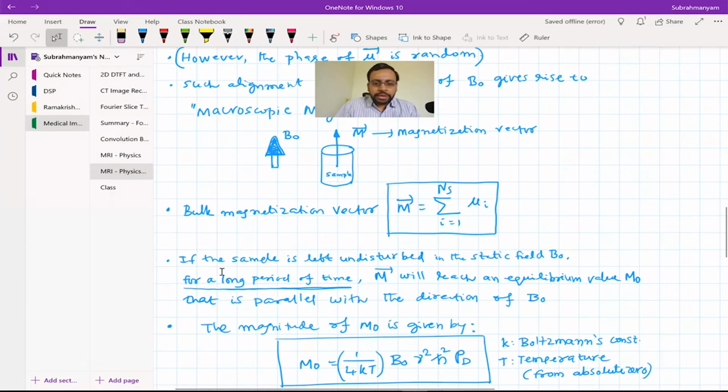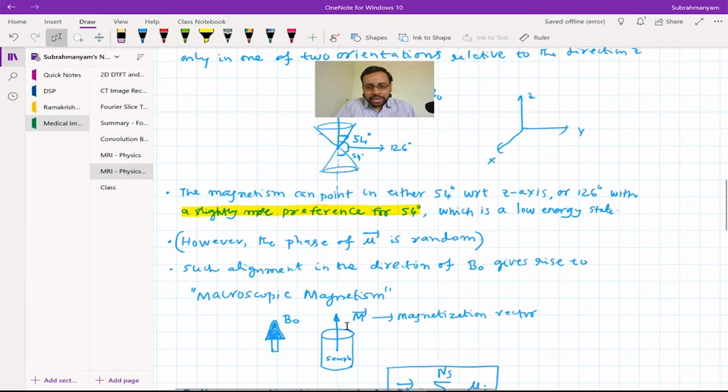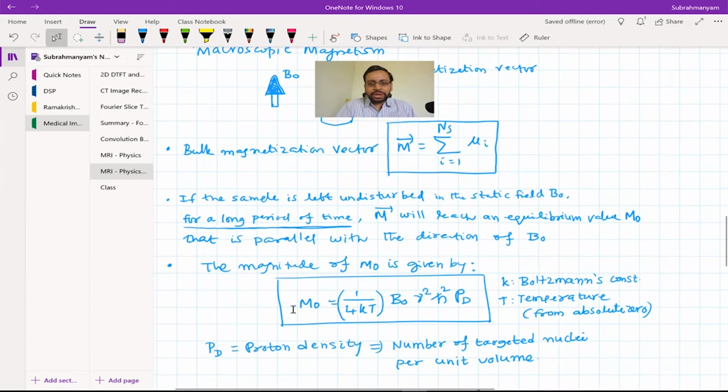So just keep in mind a long period. Once you apply it, you wait for a sufficiently long time, and that is when you see an M bar, which we are referring to after a sufficiently long time. Whatever you get is a stabilized version, maybe you may call it thermal equilibrium. At that time, whatever magnetic field is there, we are only talking right now about that value M naught.